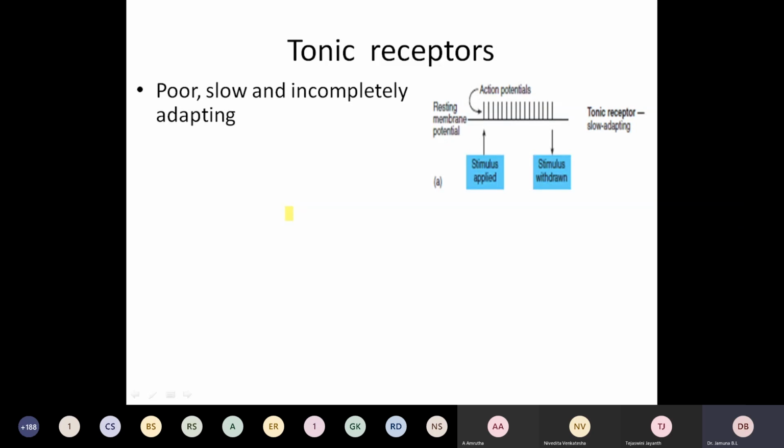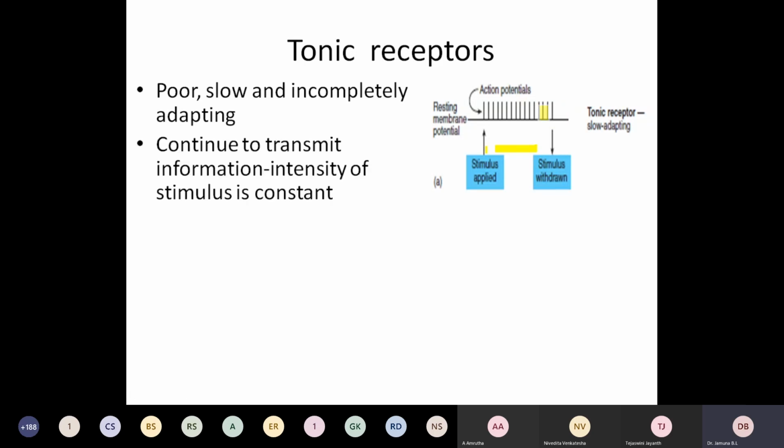So when the stimulus is applied here, there is generation of an action potential. Even if the same strength of stimulus continues for a certain period of time, there is continuous generation of action potentials. These types of receptors are called slow tonic receptors or slow adapting receptors.